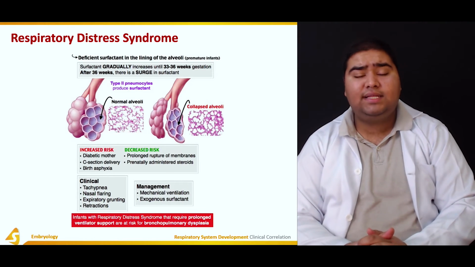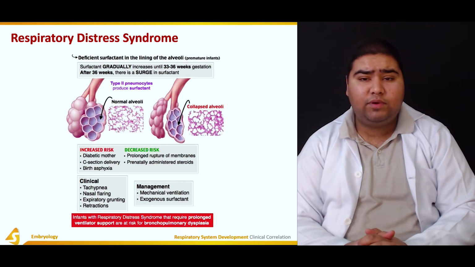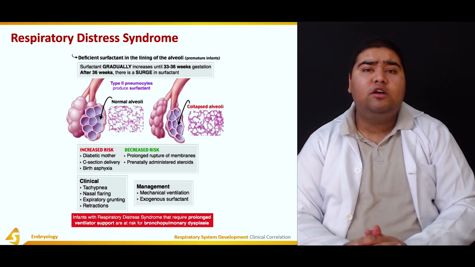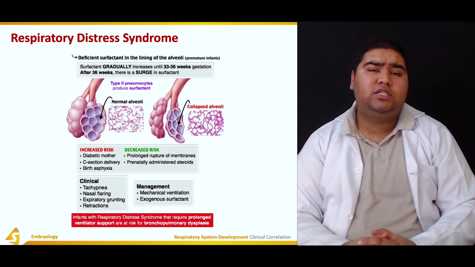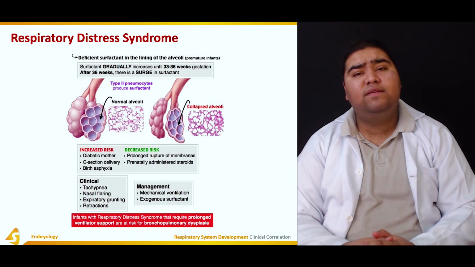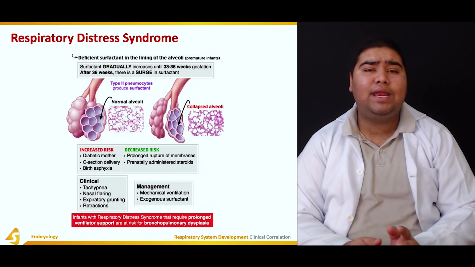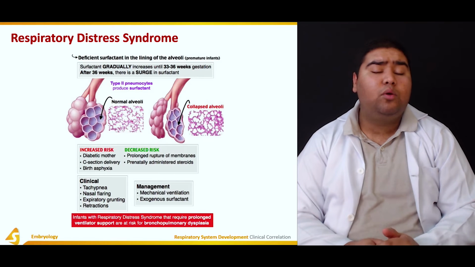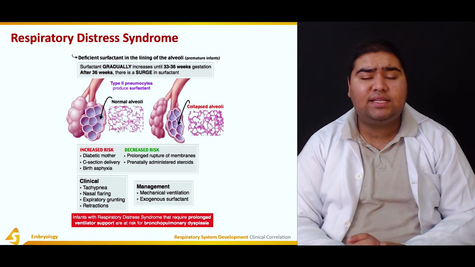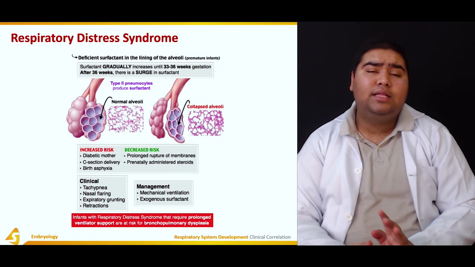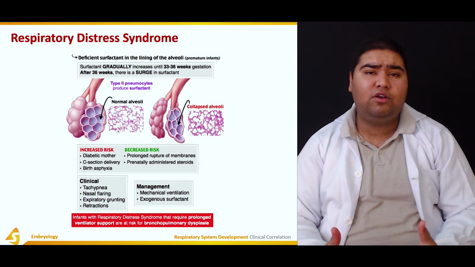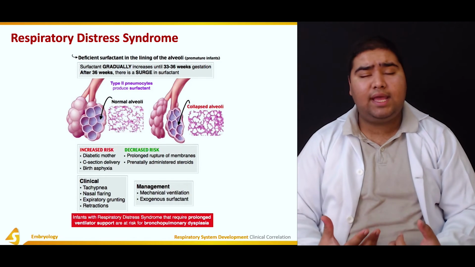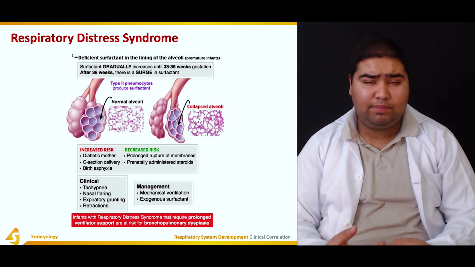Type 2 pneumocytes are the cells responsible for the production of surfactant, which is a phospholipid rich fluid which helps in lowering the surface tension when an air fluid interface is formed within the lungs. This lowering of surface tension helps to keep the alveolar sacs open for the exchange of gases to take place.